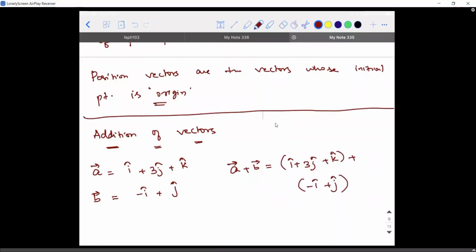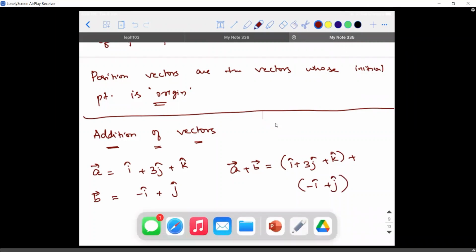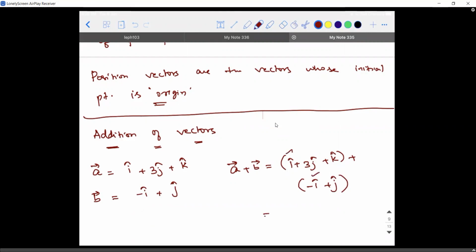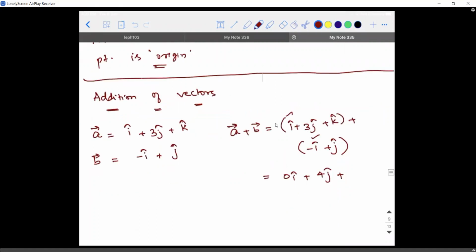So what you need to do is add the coefficients of i cap first. What is the coefficient of i cap here? In the first case it is 1, here it is -1. So you will get 0 times i cap, plus add the coefficients of j cap. You will get 4 times j cap, and add the coefficients of k cap. You are going to get a k cap. Did you guys understand? So what I did here is a basic addition principle.